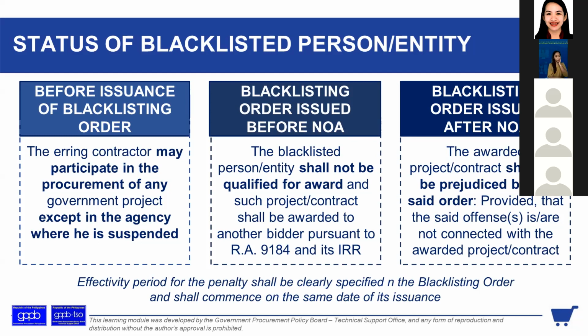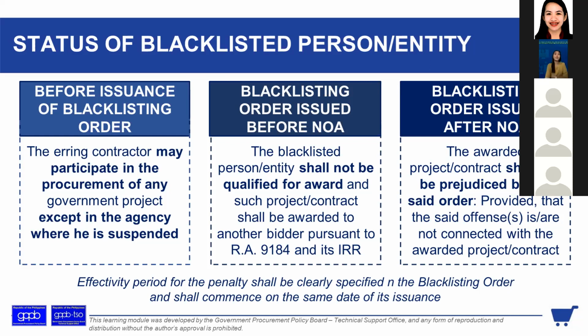Because minsan kasi, di ba, lalo na pag si contractor, daming blacklisting action initiated against him na kasi marami siyang nabiktima na LGU. Si LGU A, B at C, parehong nabiktima sa delay niya kasi nga na-overleverage siya, hindi na niya kayang habulin lahat ng contract niya.